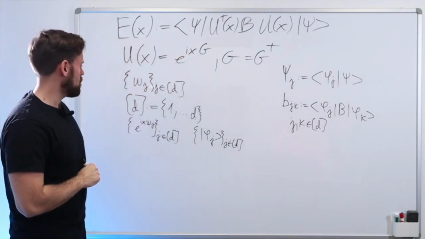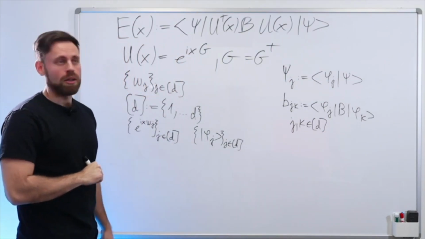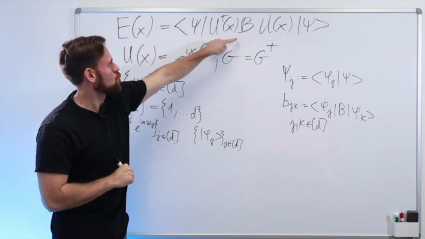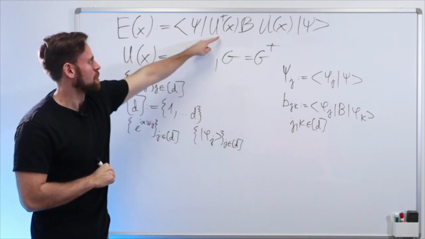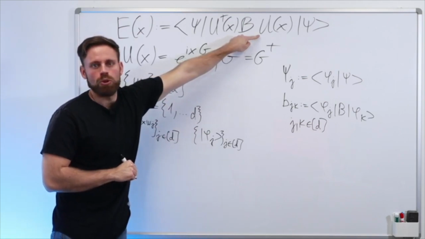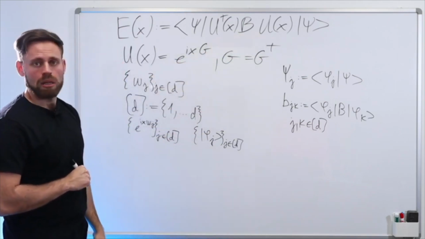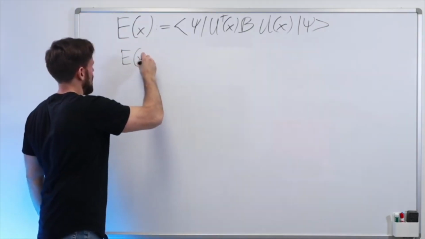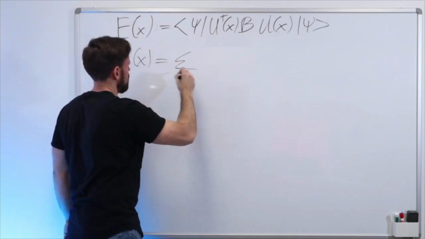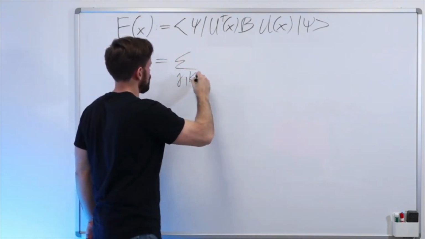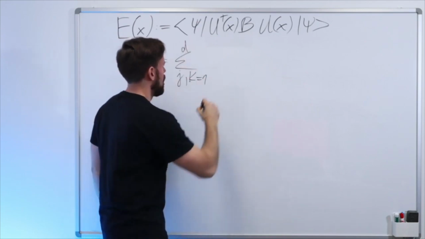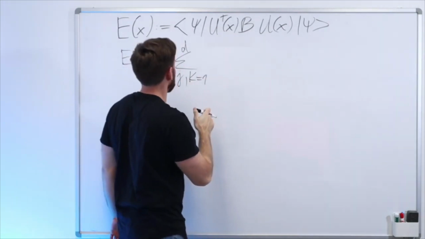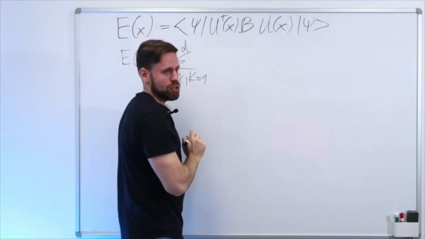Once we have these notations and definitions in place, we can re-express this expectation value by expanding each of these terms in the multiplication in the eigenbasis of the unitary U(x). Let's have a look at what that will look like. So the expectation value E(x) can then be written as a sum, such that we have two indices j and k going from 1 to D, and we will have a component for each of the terms out of this vector matrix multiplication.